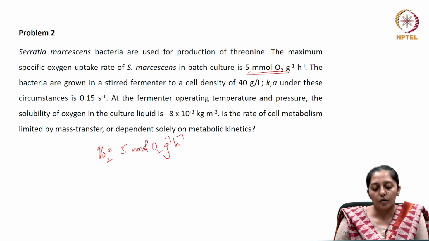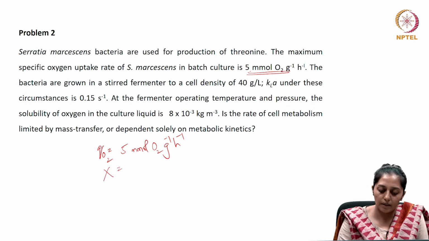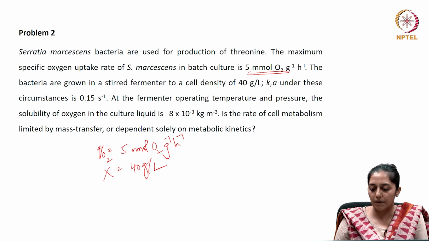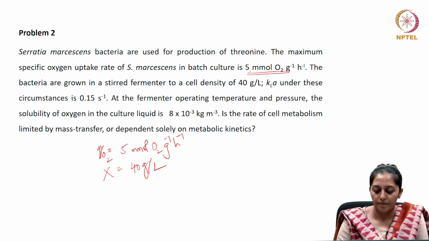The bacteria are grown in a stirred fermenter to a cell density of 40 grams per liter. So, we know that the biomass concentration to be achieved is 40 grams per liter. Now, the volumetric mass transfer coefficient in this system is being reported as 15 seconds inverse.